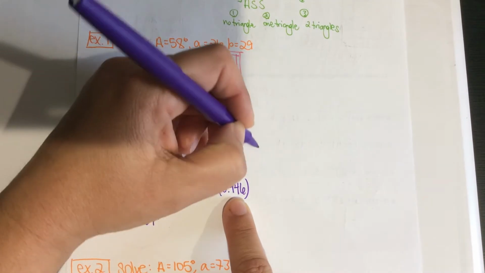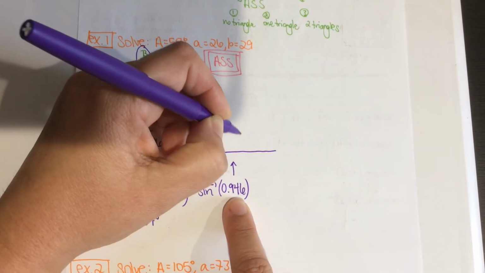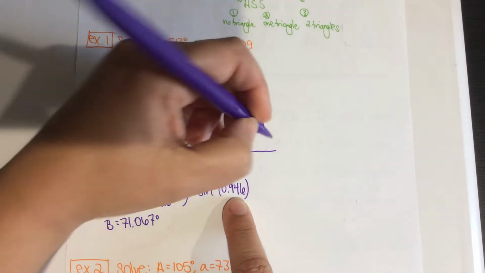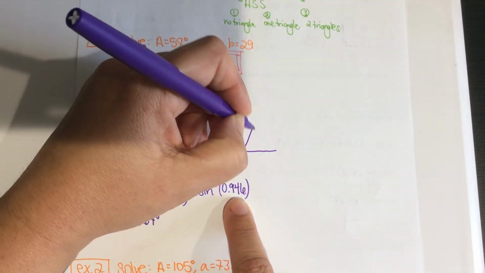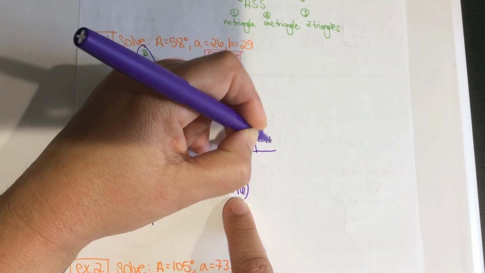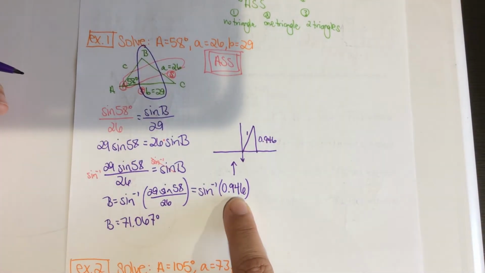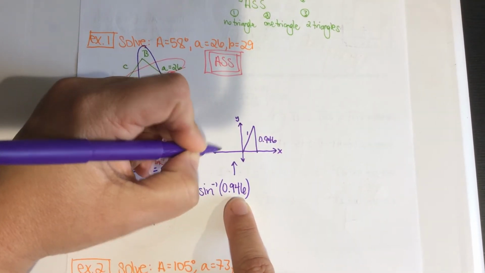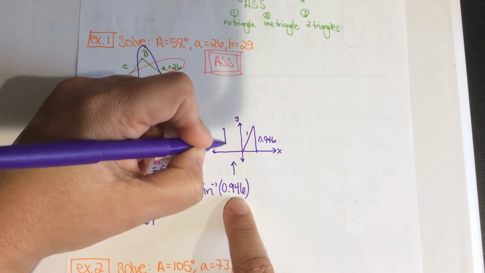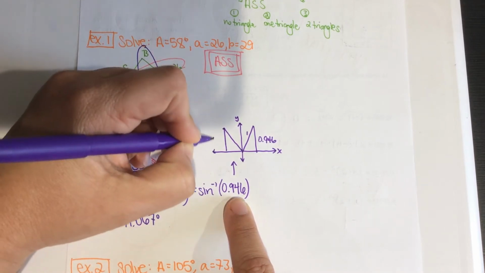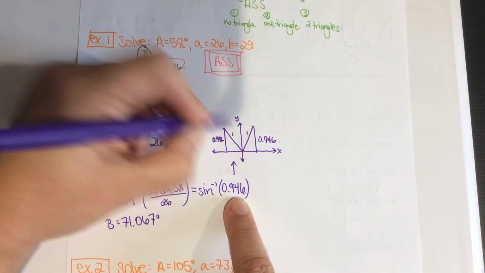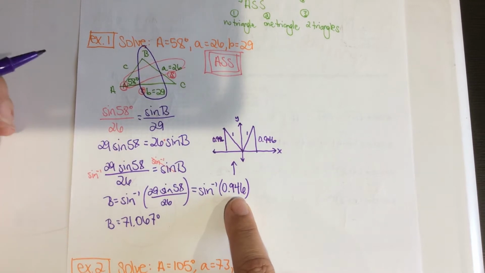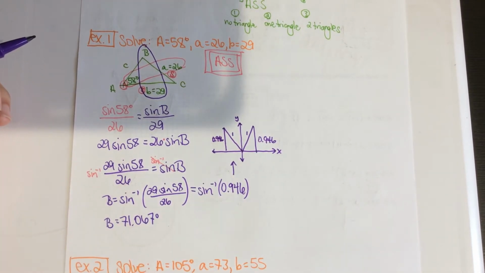So let me draw a picture for this. I could have 0.946 over 1, my y over r, right? Or I could have the exact same triangle, same side lengths and everything, 0.946 over 1 in the second quadrant.